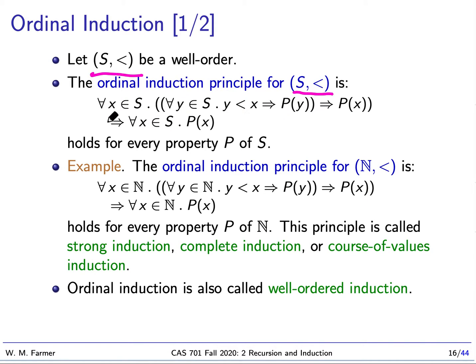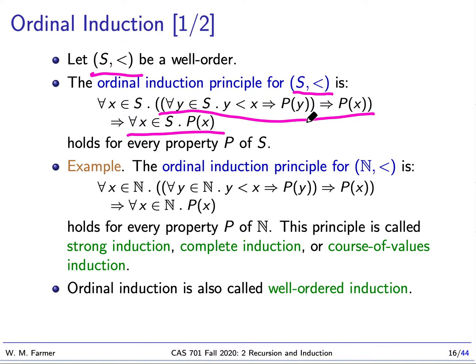It says for all members x of S, if we can prove that the property holds for y for any member of S that's less than x, then the property holds for x. So if we can prove that whenever the property p of y holds for y less than x, it implies that it will hold for x, then we know that it will hold for all x.